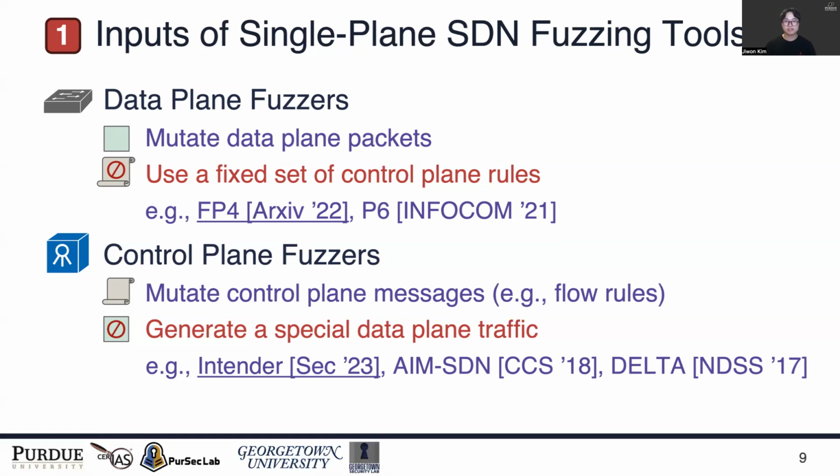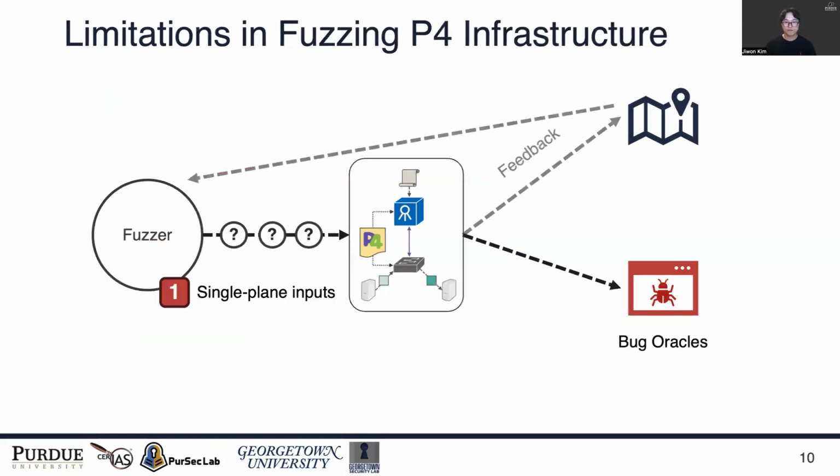Therefore, existing single plane SDN fuzzers only mutate single plane inputs like packets or control plane messages. We've discussed one limitation of SDN fuzzers, which utilize single plane input mutation.